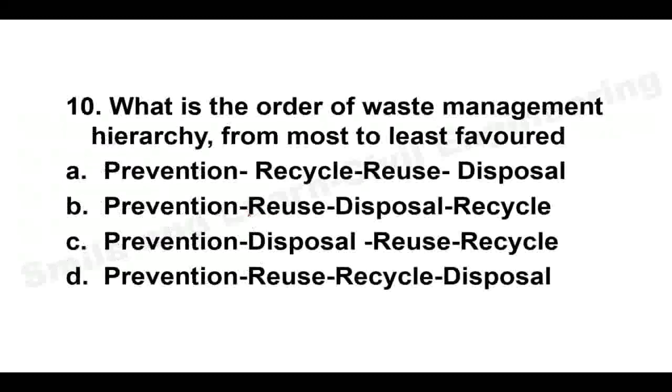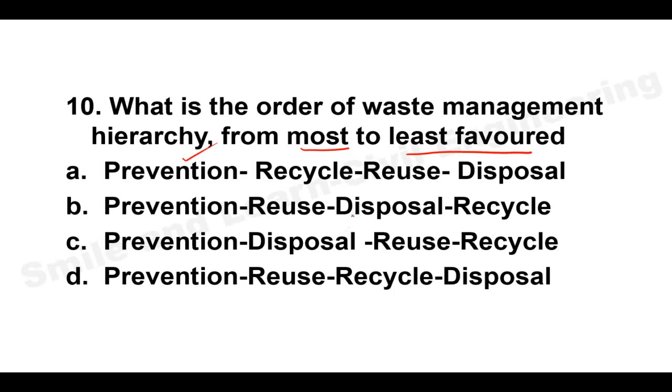Next question, question number 10: what is the order of waste management hierarchy from most to least favored? What do we favor the most and what do we favor the least? The first thing, obviously, is prevention.